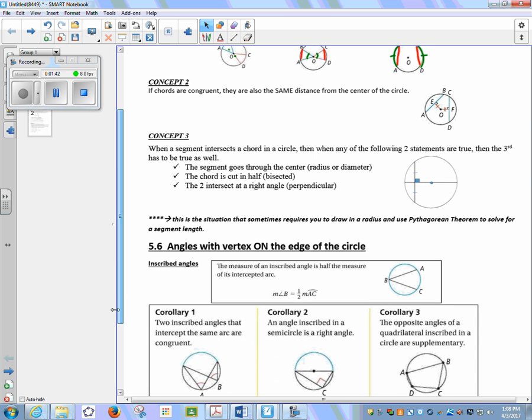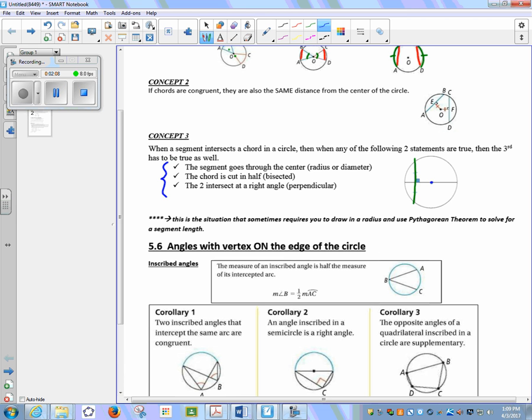All right, concept 3 was this idea where you have a chord that's being intersected by a segment or another chord, and there are three things happening in this scenario. One is that the segment goes through the center, so it's either a radius or a diameter.